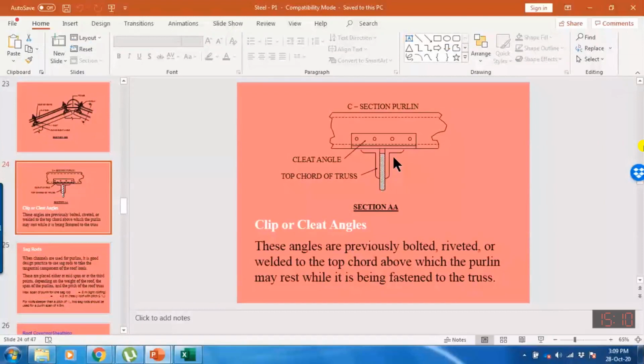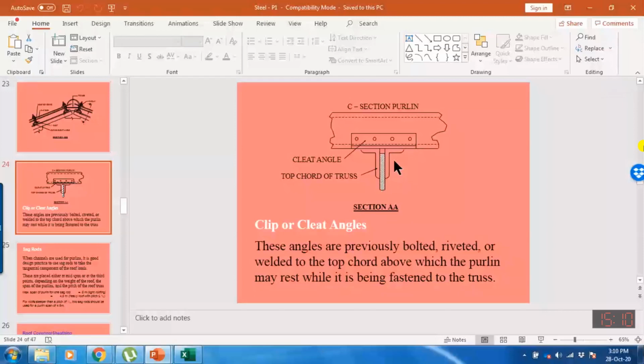Because when the purlin is inclined, it will have one larger component which is acting in the lateral direction. So the lesser the width, the closer the centroidal location will be to this vertical leg. If the width is more, then the centroidal location will be farther away from the vertical leg. So it will have more lateral deflection effect.